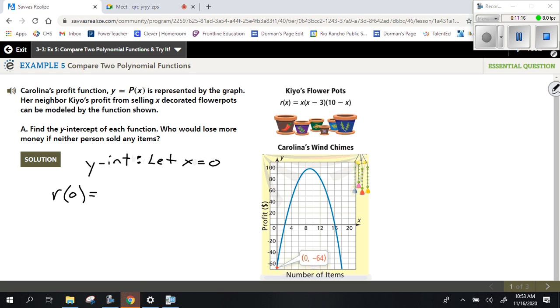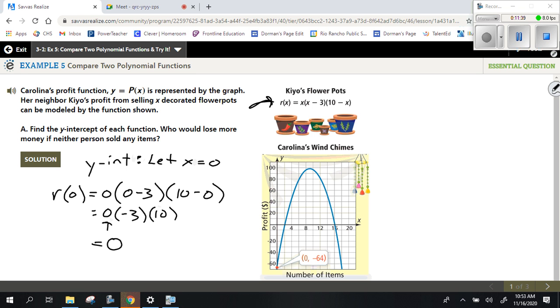So r of 0 here in this particular function is going to tell us what the y-intercept is, right? Well, if we simplify all this stuff, negative 3 times 10, well, we're multiplying by 0, right? So we know that this is automatically going to be 0.